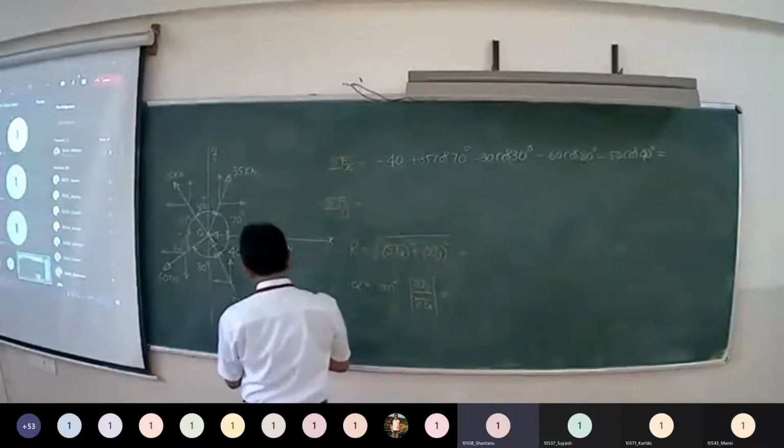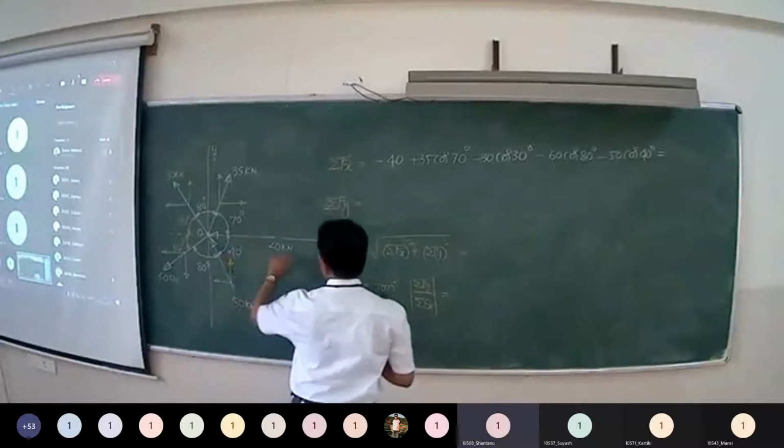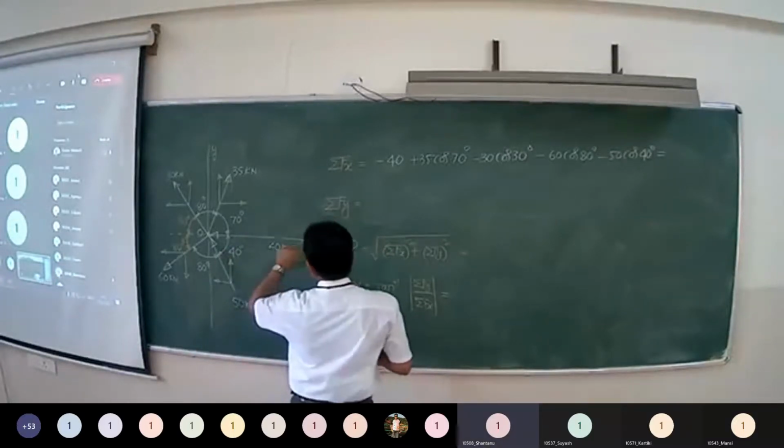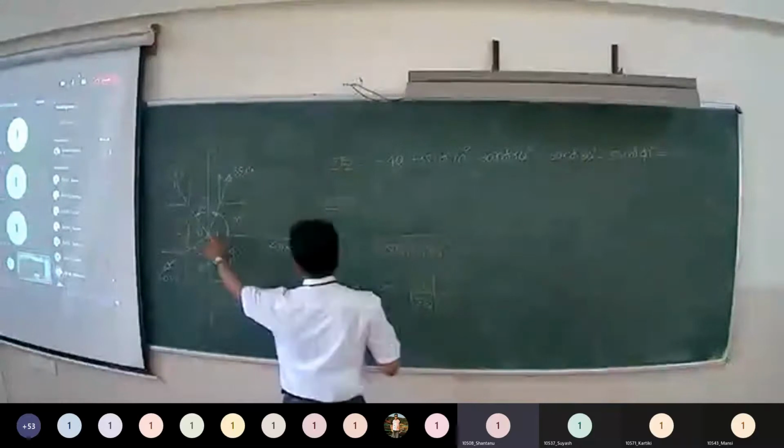Then summation Fy. Please check the equation. The y component of 40 kN is 0.